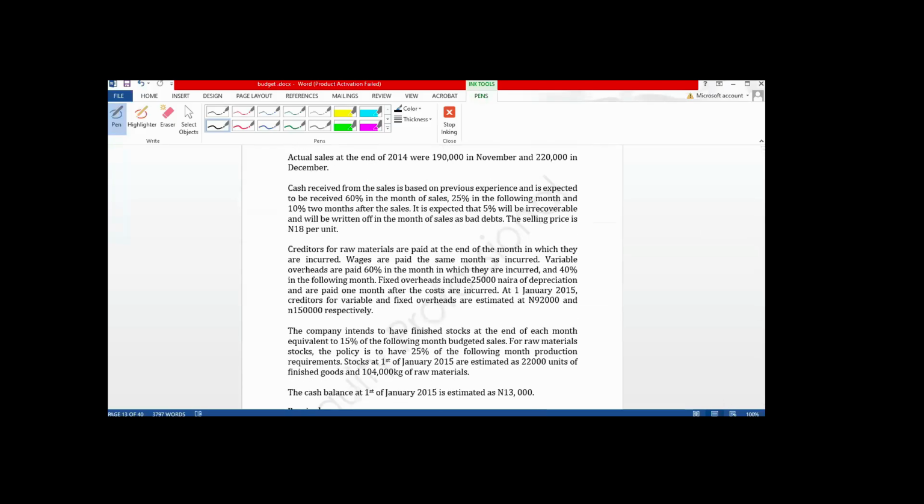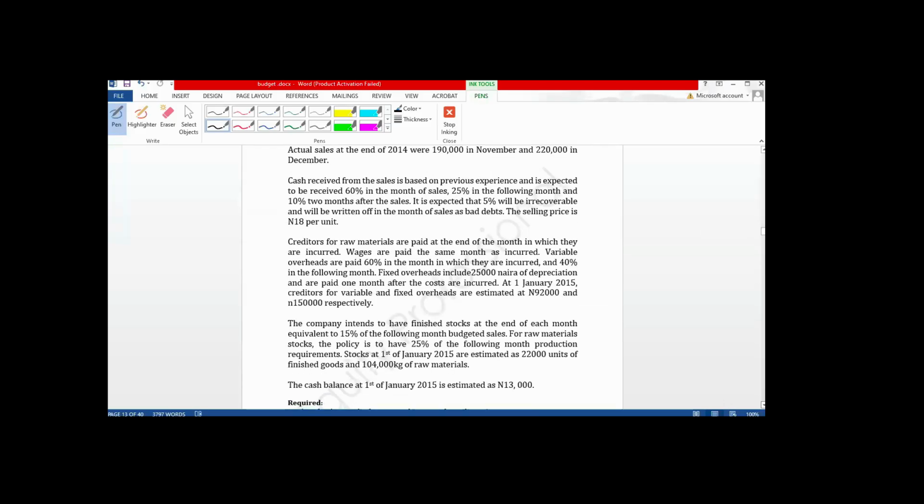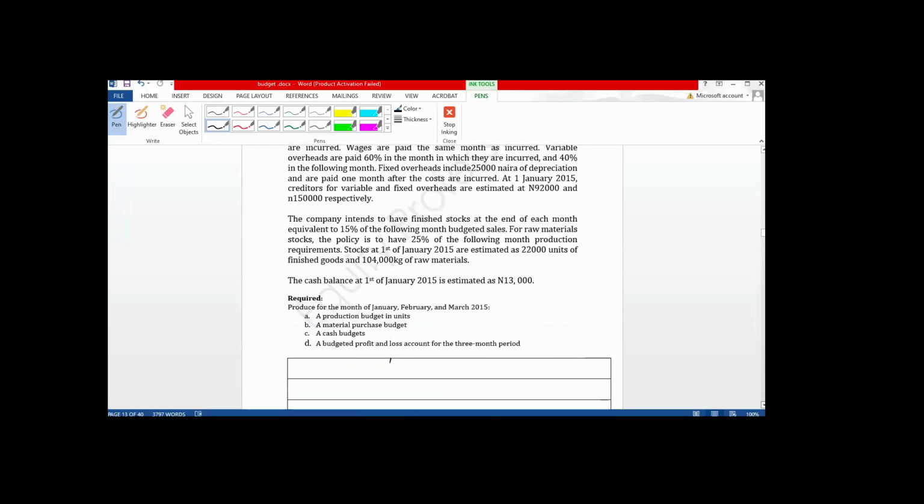Examiner says the company intends to have finished goods at the end of each month, equivalent to 15% of the following month budgeted sales.